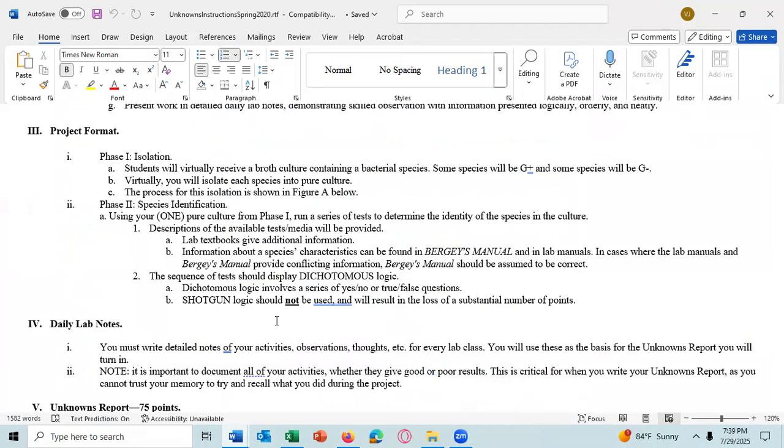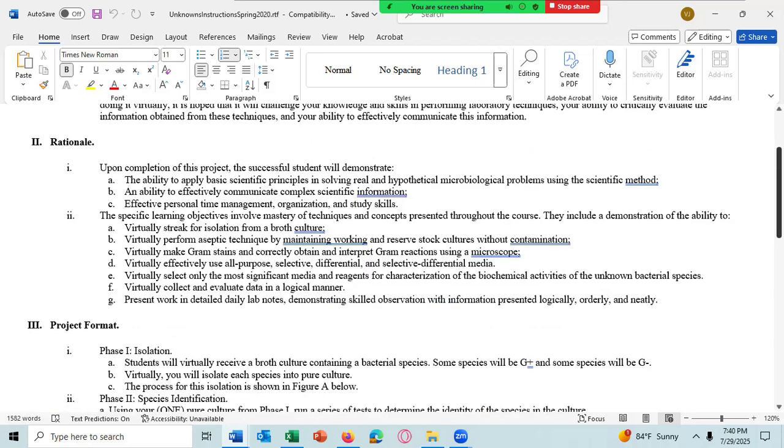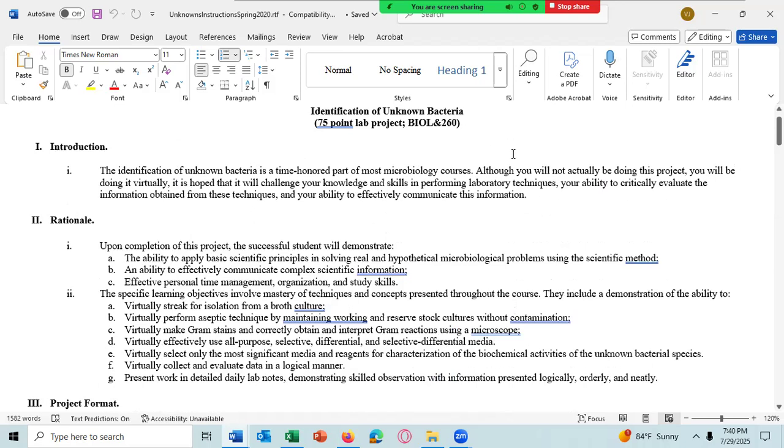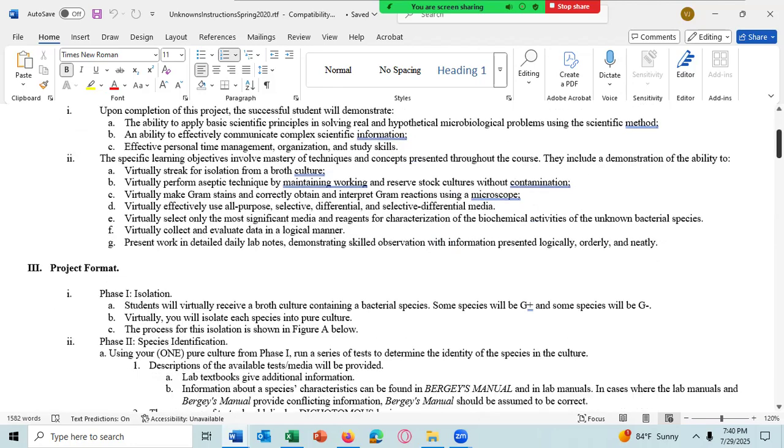Or you can do it where the last document only has the last test results, and then your interpretation and results and conclusions and identification. So you can be informal with your unknown notes, but you have to be formal with your lab report.